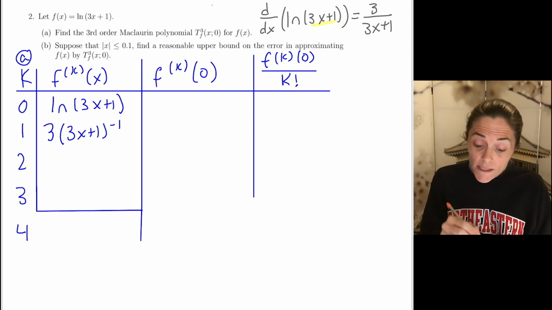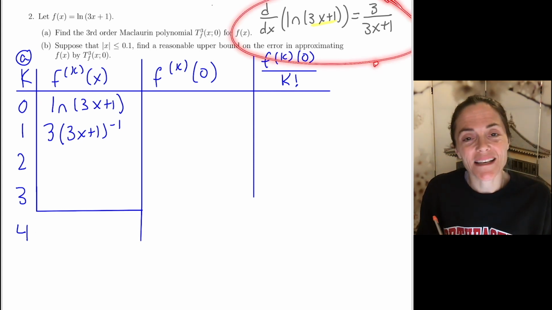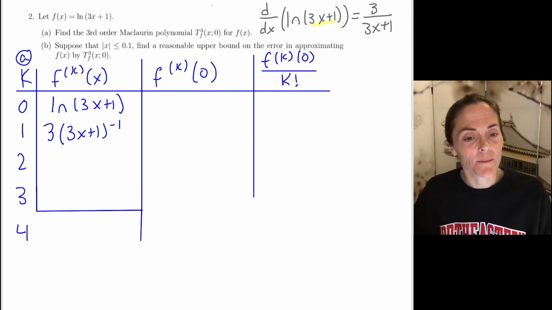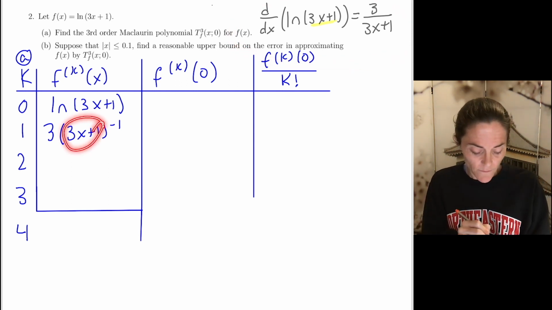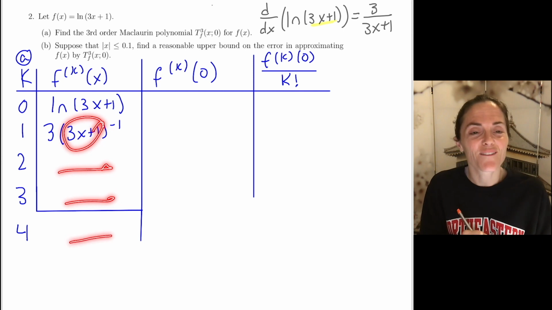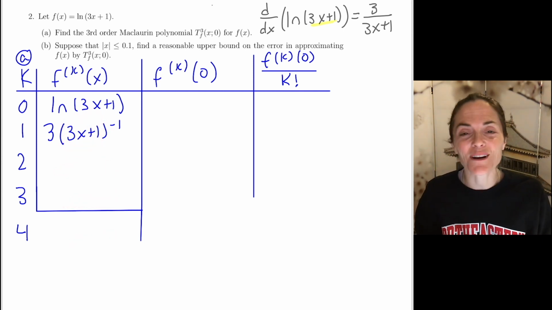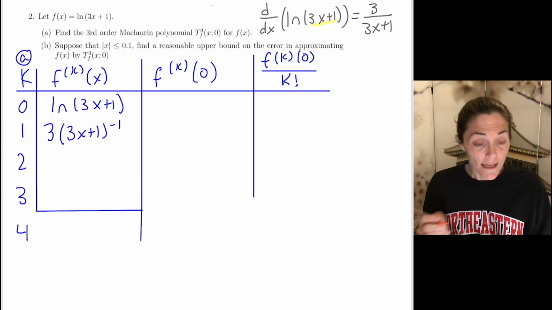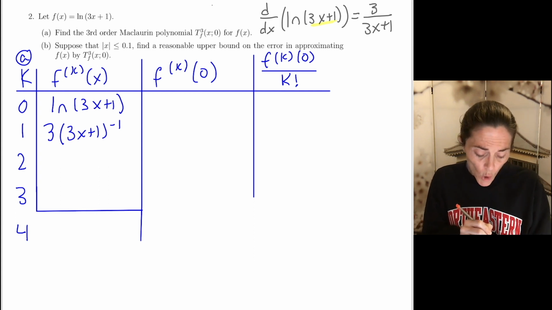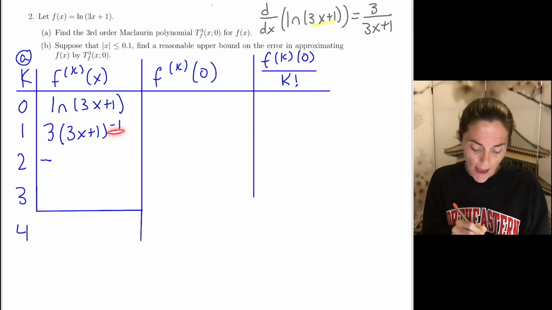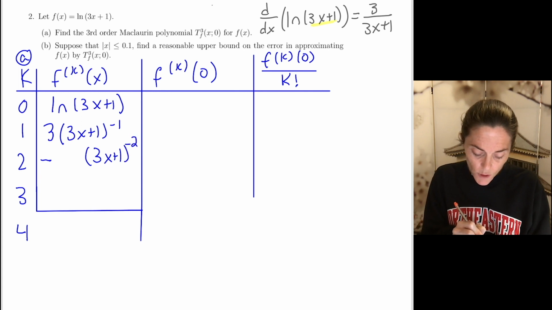Now, each time I differentiate to find the second derivative, third derivative, fourth derivative, I have to remember there's chain rule here. So when I differentiate, I will have a minus 1. This is bring down the power. And then we would have (3x + 1) to the negative 2.